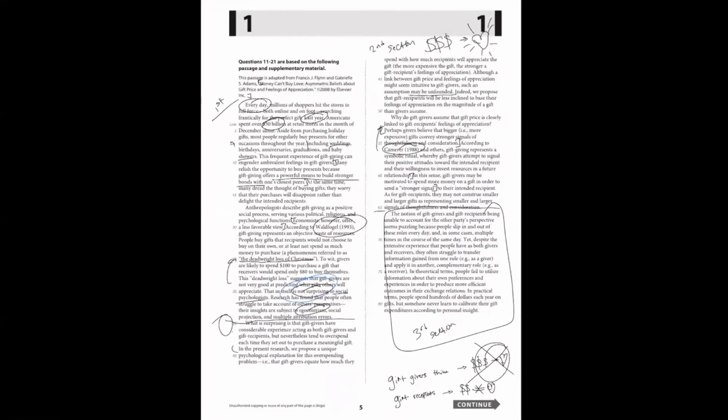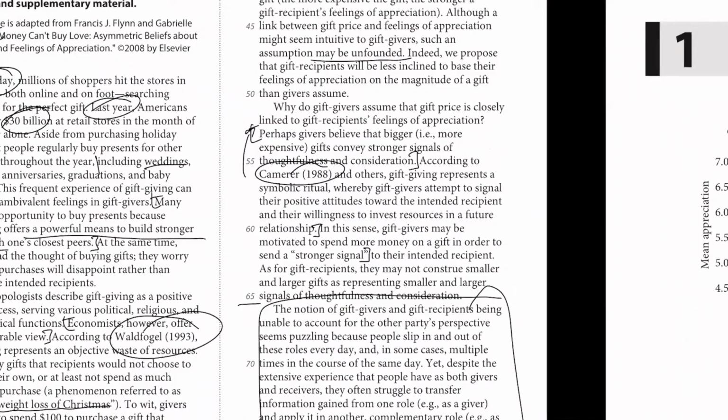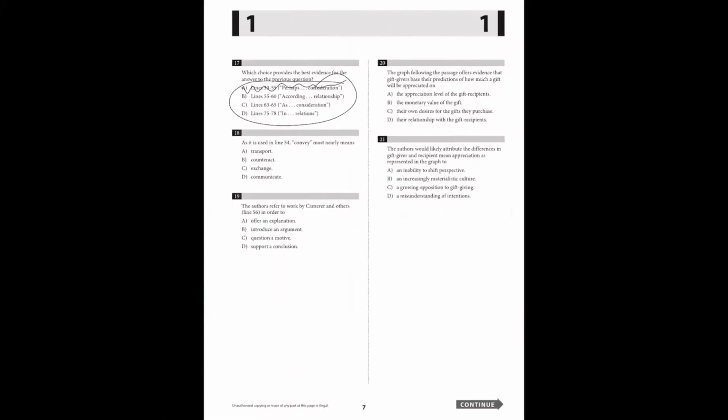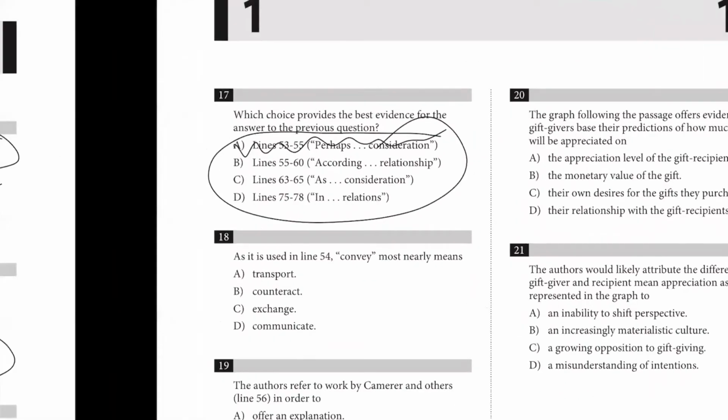B, 55 through 60: "According to Cameron and others, gift giving represents a symbolic ritual whereby gift givers attempt to signal their positive attitudes toward their intended recipient and their willingness to invest resources in a future relationship." Right, so again, this is another fact. It's a continuation of the previous one.